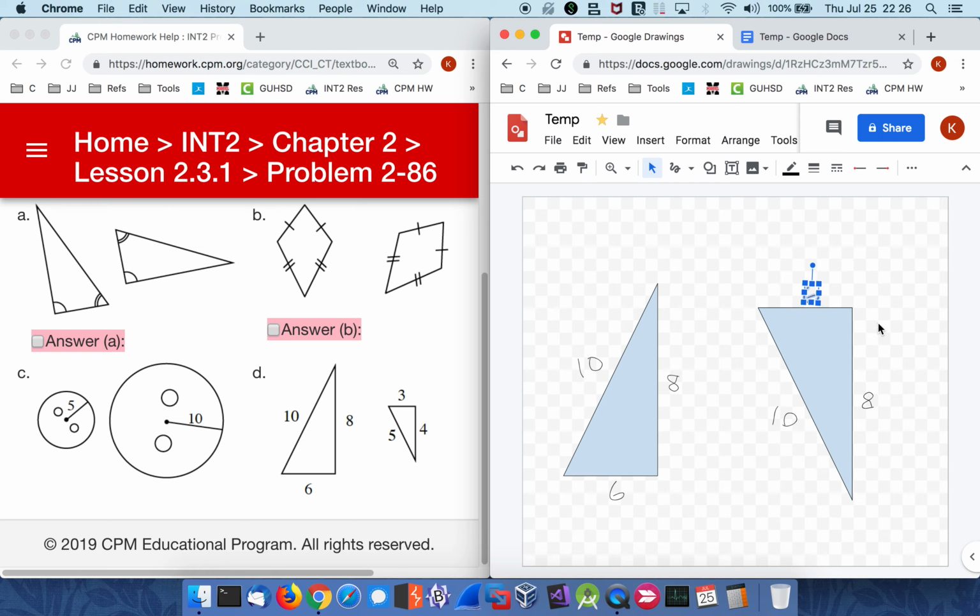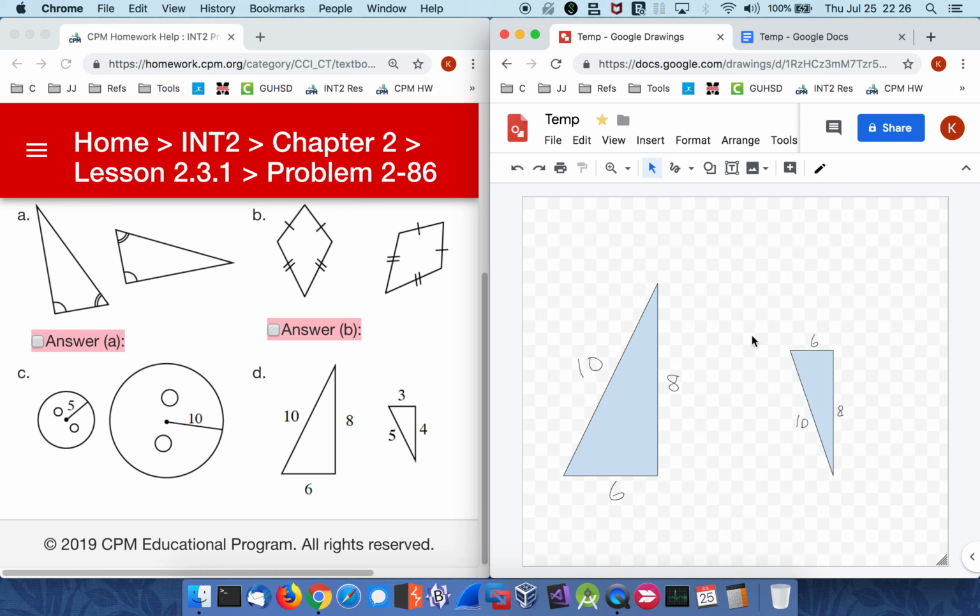Whee! There we go. 6 and 8 and 10. So let's see, 3 and 6, so that's times 2. 5 times 2 is 10. 4 times 2 is 8. Okay, so this is scaled half the size. So we would just scale this down about half the size, and then that would have the right dimensions.